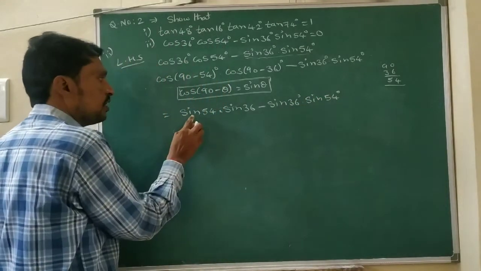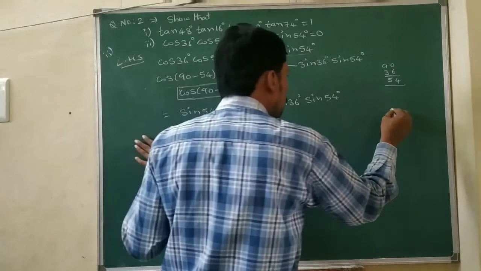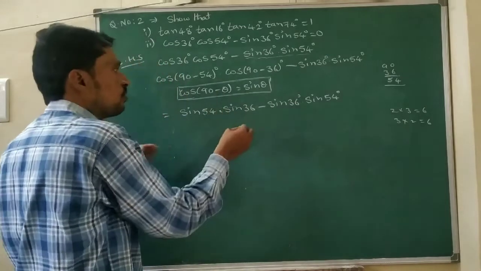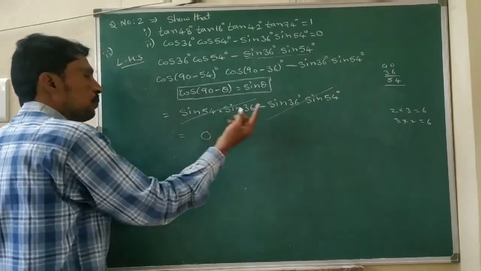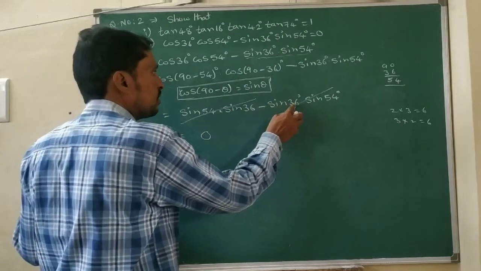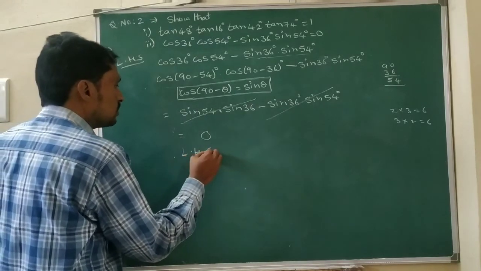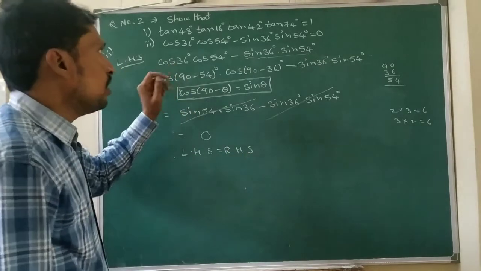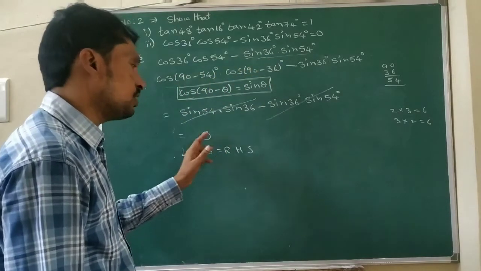Once you observe, sin 54 and sin 36 appear in both terms; both products are the same, so one is plus and the other is minus, and we get 0. Sin 54 into sin 36 minus sin 36 into sin 54 is 0. So LHS equals RHS. Cos 36 into cos 54 minus sin 36 into sin 54, value we got is 0.